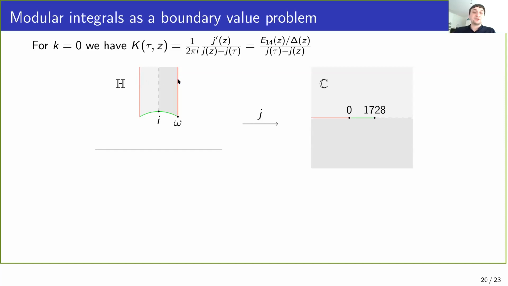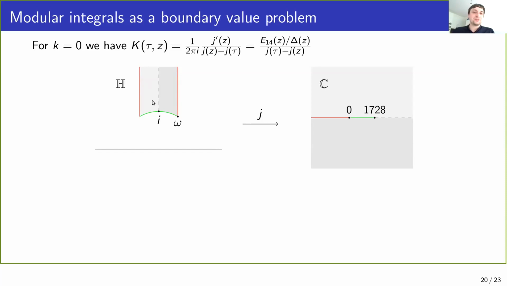So the translation condition tells you that when you approach this side, and then when you approach this side, the difference between the two values should be given by this cocycle psi T at point tau. And the S relation is similar, and it tells you what happens when you approach the two green arcs here and here, on the darker and on the lighter side of the fundamental domain.